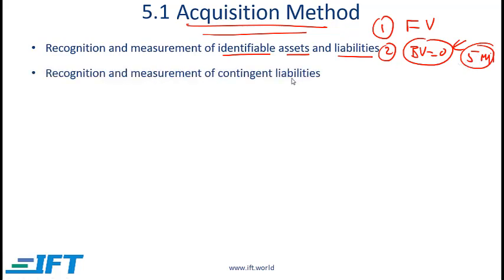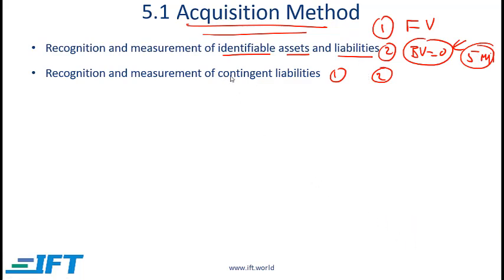Recognition and measurement of contingent liabilities. Here I will read the relevant excerpt from the curriculum. On acquisition date, the acquirer must recognize any contingent liability assumed in acquisition if, number one, it is a present obligation that arises from past events, and number two, it can be measured reliably.